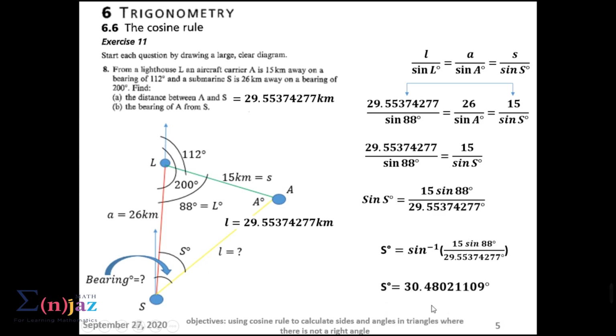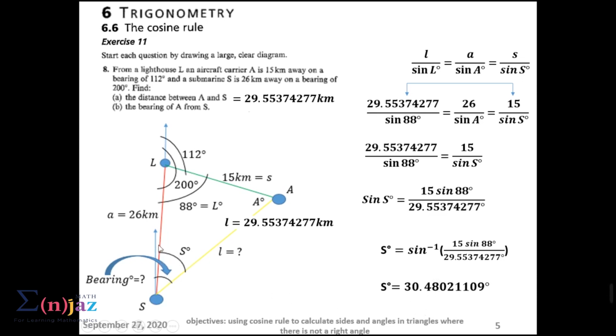And this is correct to three significant figures. You stop at the 4, it's the third figure. You look at the right, 8 is going to bring my 4 up to 5. So the answer correct to three significant figures is 30.5. Now we found angle S.